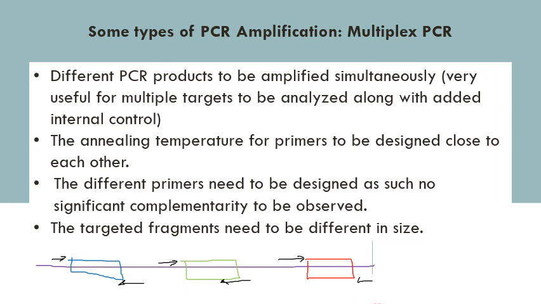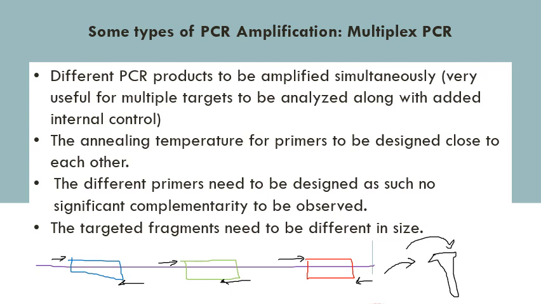So here, for example, I will have 3 sets or 6 primers, forward and reverse, for the 3 locations. I'll just add everything, the components, and I will adjust my components and add them in one PCR tube.